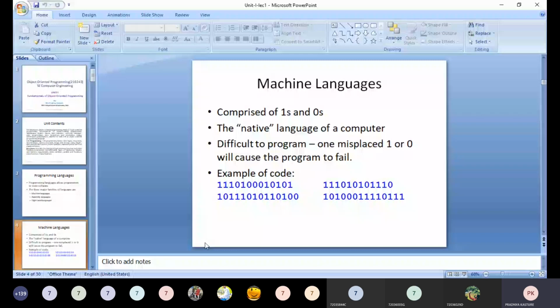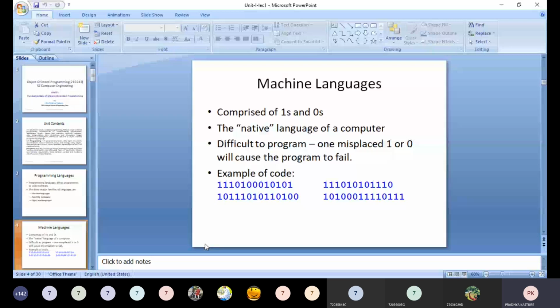This is very difficult for a human being to write in terms of ones and zeros, right? But the computer finds it very easy and does it fast, as we are providing it in terms of ones and zeros, so the computer can understand it very well. An example of that code is given here, where the binary code is obtained for that machine language and it is instructed to the machine, so we get the output accordingly.